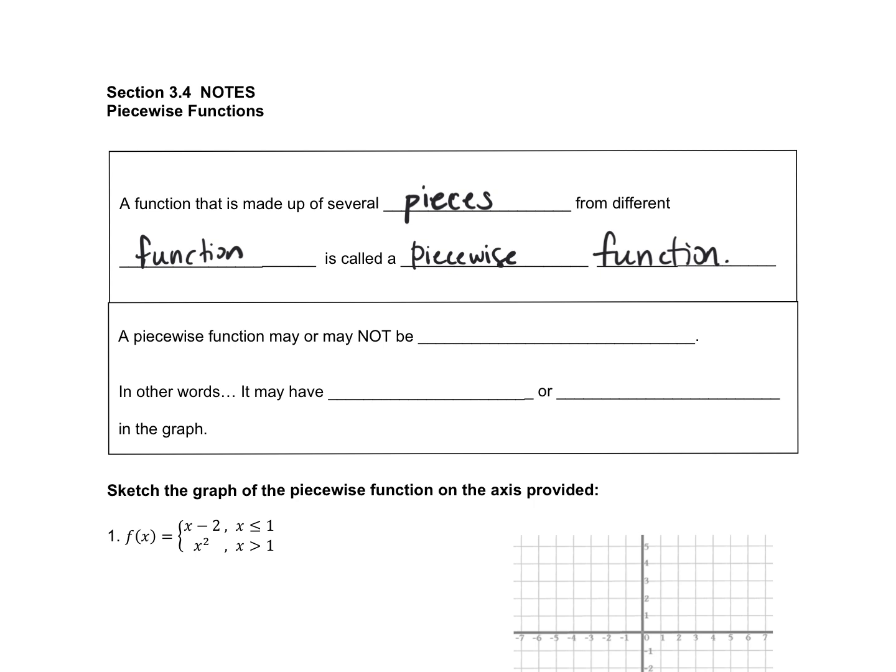A piecewise function may, so be careful of that, may or may not be continuous. No holes or anything like that, then you know you have a continuous graph. If there's breaks in it or you see a hole, then that is not continuous, okay? So in other words, it may have breaks or gaps in the graph.